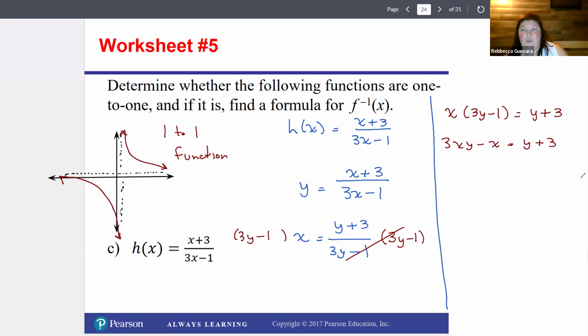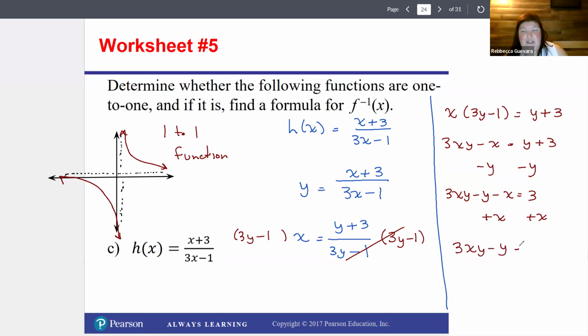We're going to subtract y from both sides, so I get my y's all in one place. 3xy minus y minus x equals 3. Then I'm going to add that x, because I want to just have terms with y on one side and all my terms without y on the other side.